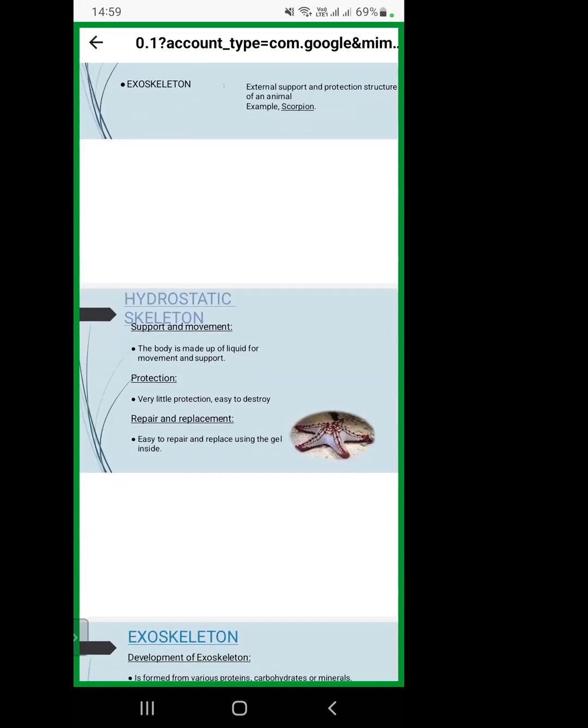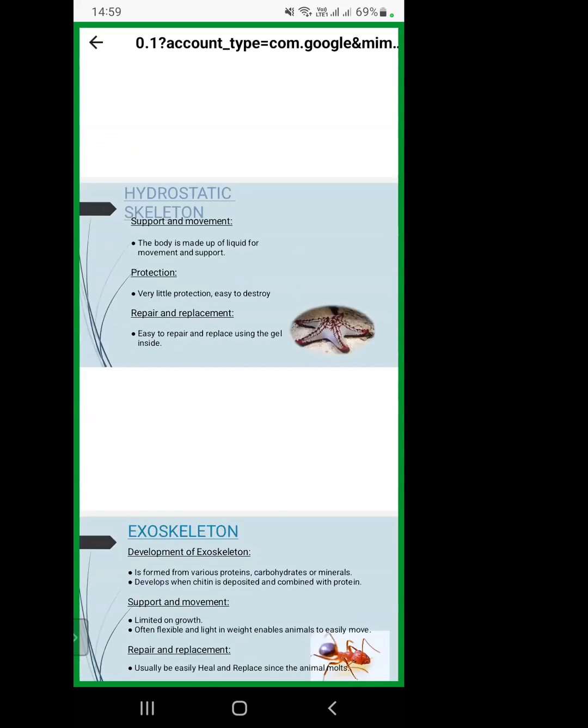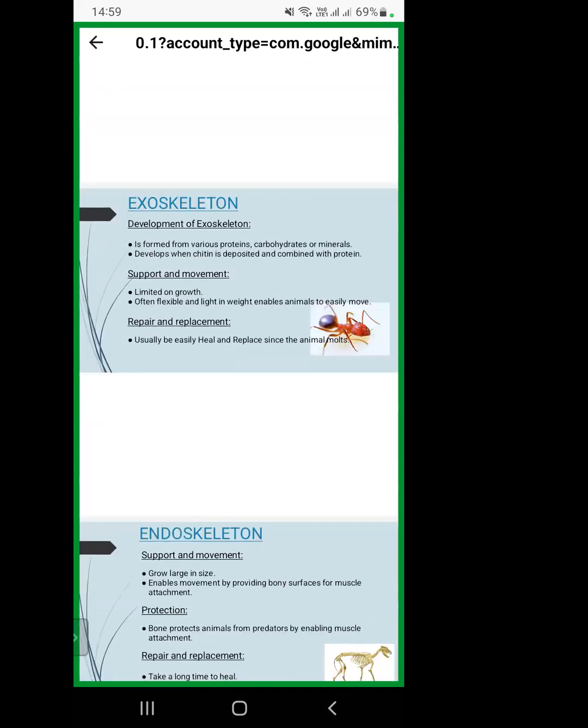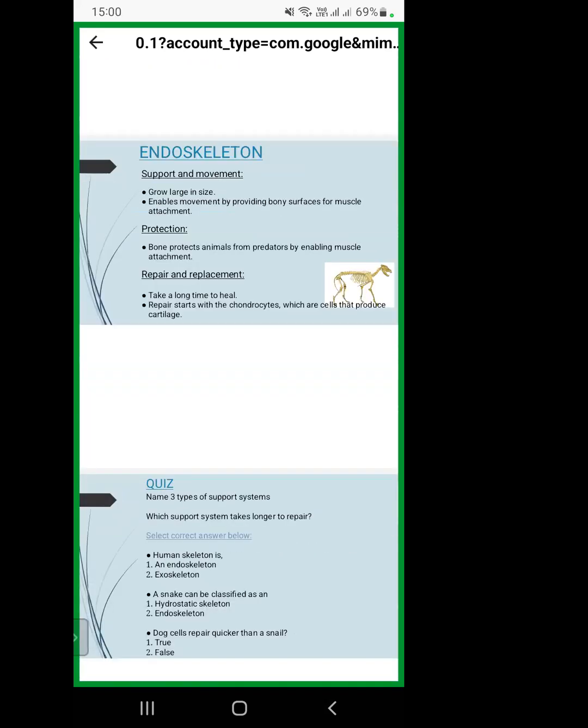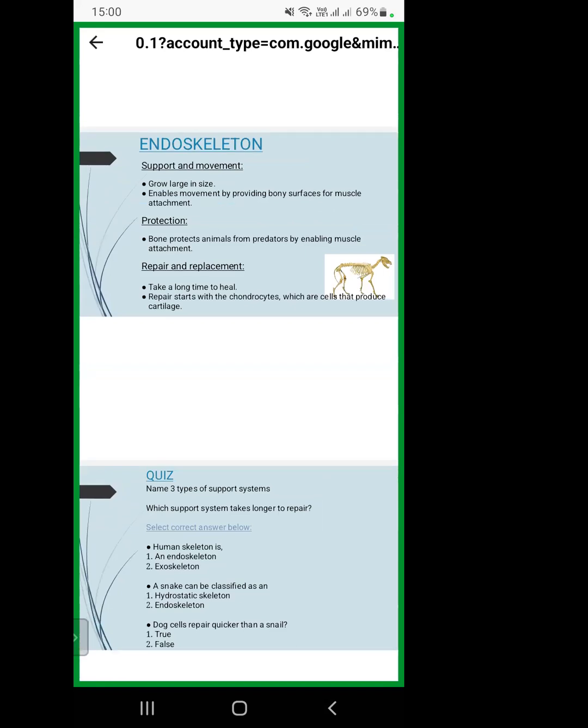This makes our movement very fast and makes us grow quite easily. But the only problem is that we take a long time to repair ourselves. Those are the endoskeletons. They take a while to repair themselves.